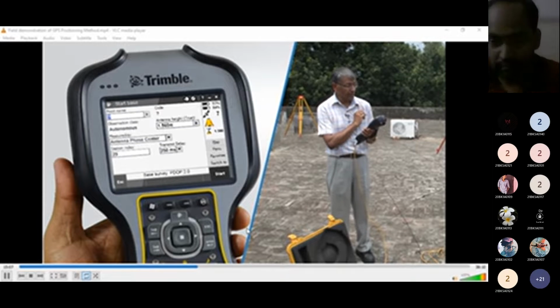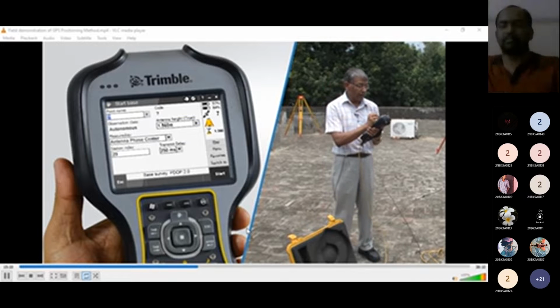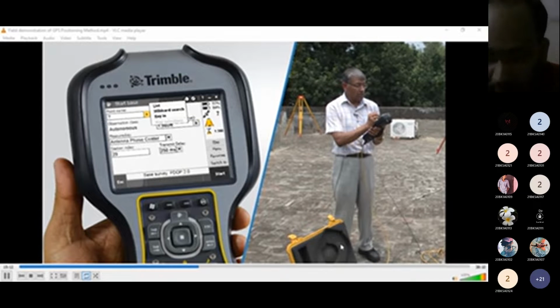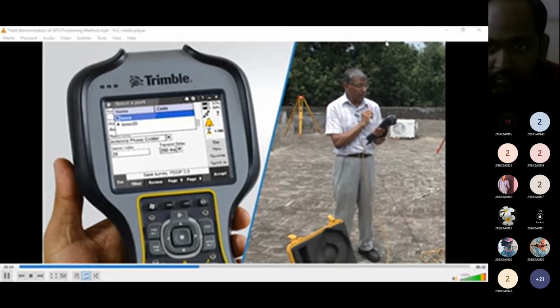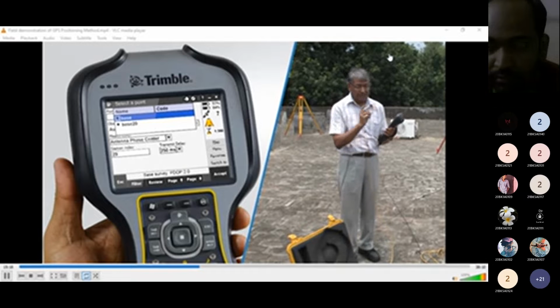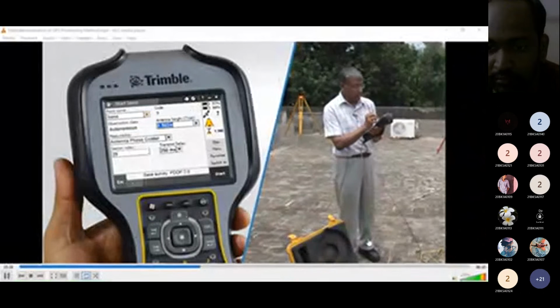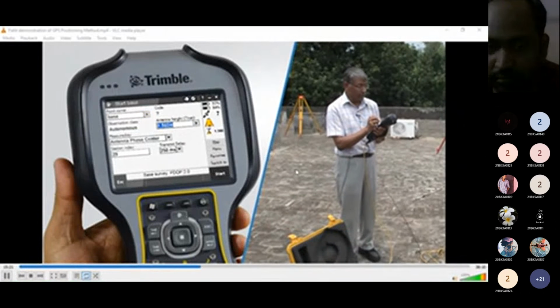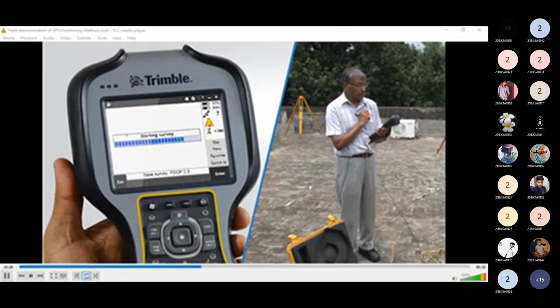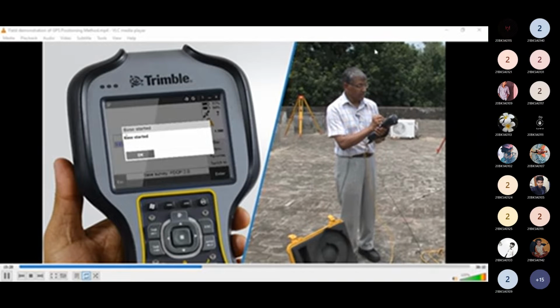Clicking base receiver, under point name we have to take a name for which we have already taken the data, that means a known point. So base, we have taken it, and we can start now. Now you can see that base has been started.